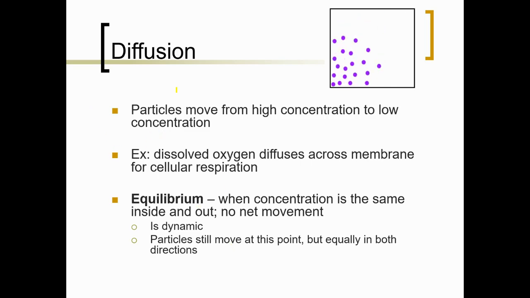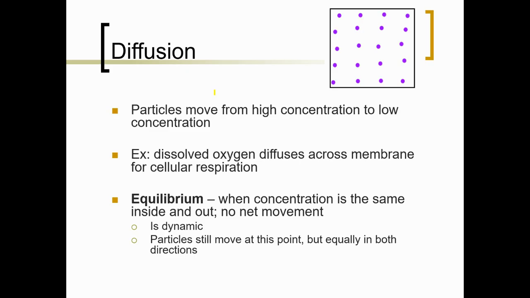And so our first type of transport is going to be just basic diffusion. And diffusion literally, by definition, is the movement of substances from high to low. Now, this doesn't even have to be across the membrane. Perfume molecules diffuse when you spray them in the room, when you have air fresheners, things like that. Diffusion is just the movement from high to low. And so some molecules are going to move across the membrane by just simple diffusion.